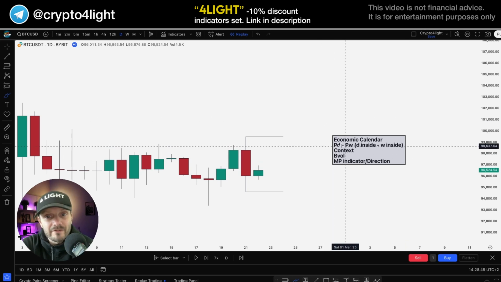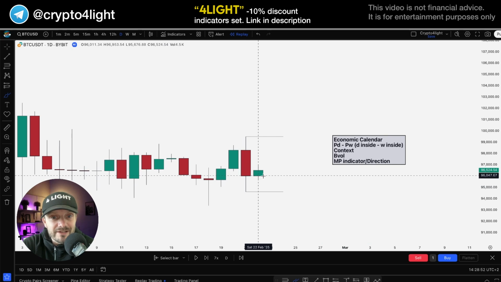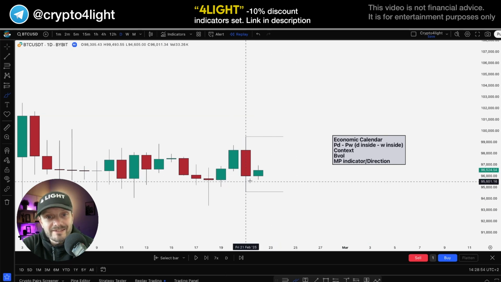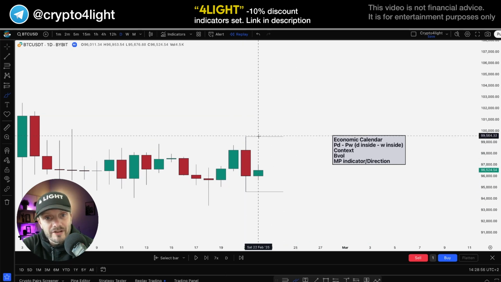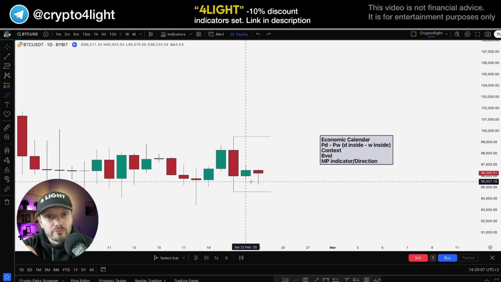Then we have to pay attention to the previous day, previous week. Now I showed you an example with the days. We have to understand what's going on inside this day range. So we got a volatile day, and if next day we got, let's check this one, we understand Monday, probably we got over 50% chances that Monday after the Asia session we will open with good volatility.